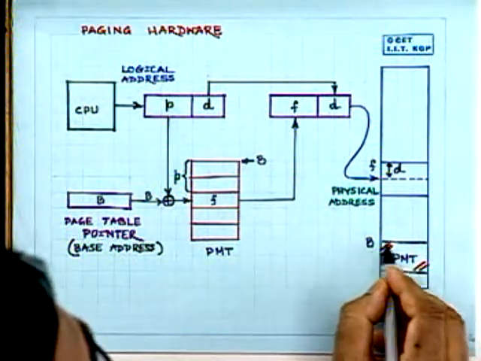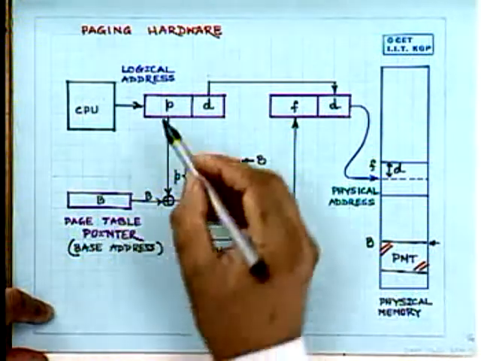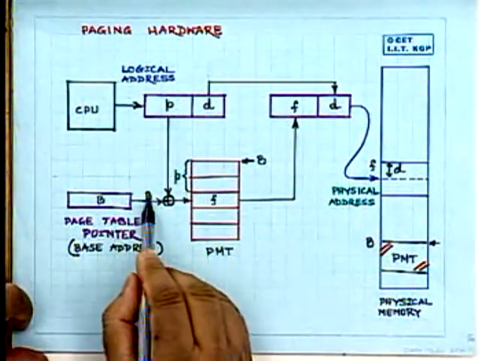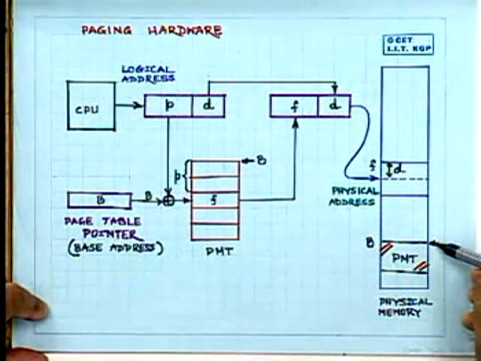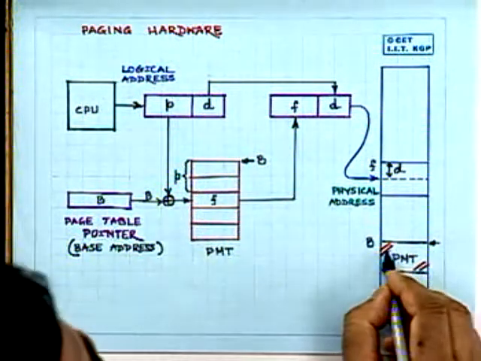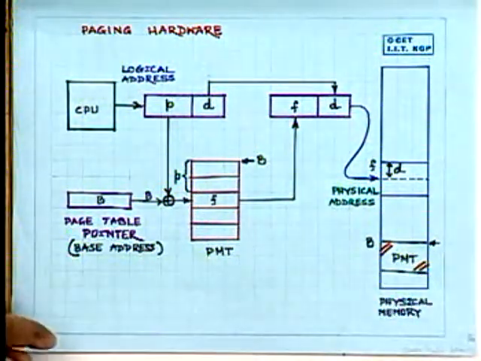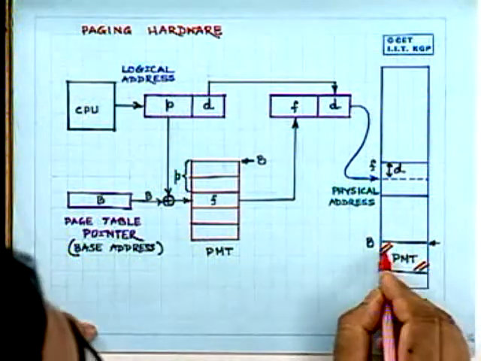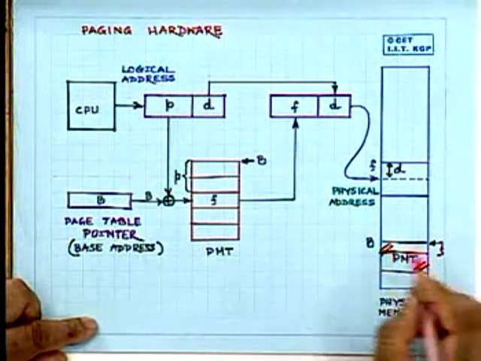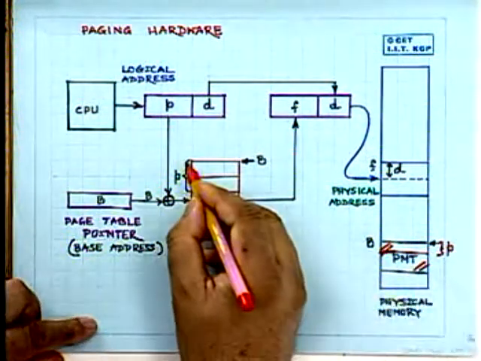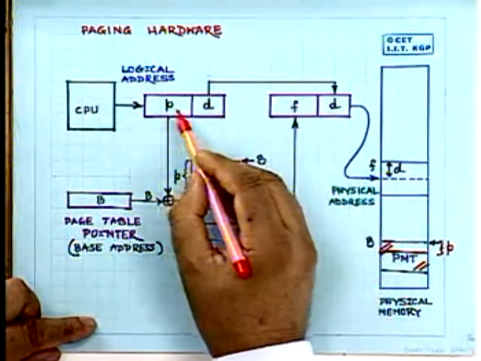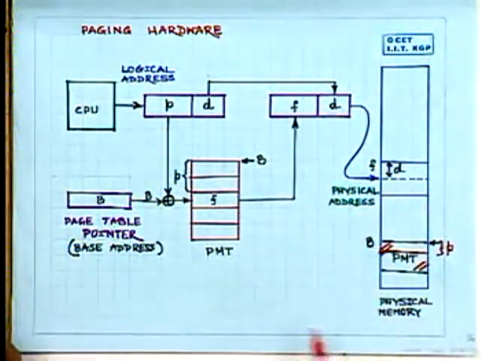Say this is the B address. The page number is taken from the logical address. It is added with the base register. This works as the offset or the displacement within that page map table. That means, for example, this is the P. I come to that P, take the frame from here, replace the page by this frame, and go to the physical address.